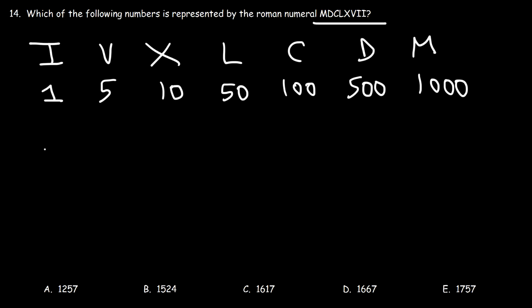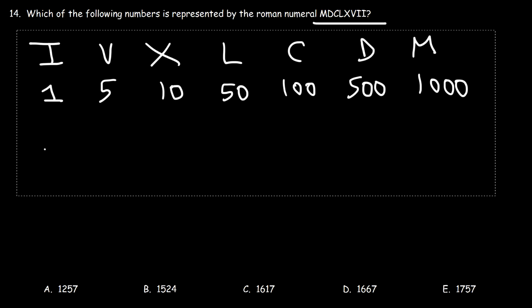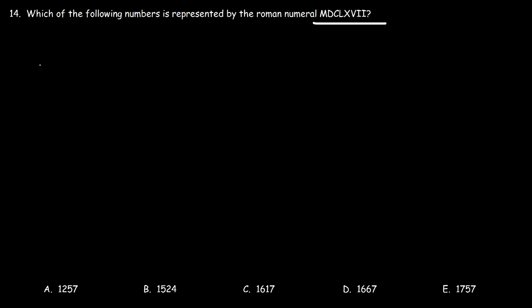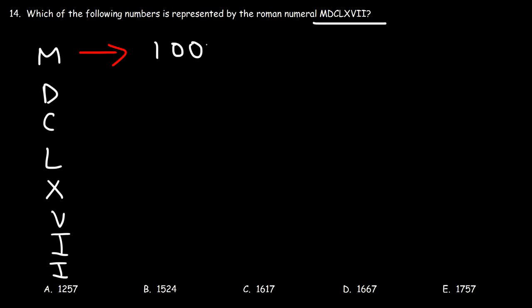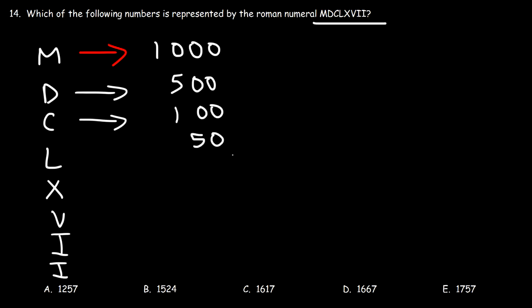So we have, let me get rid of this first. So we have the letters M, D, C, L, X, V, I, and I. So M corresponds to 1,000, D corresponds to 500, C is 100, and then L, that's 50, X is 10, V is 5, and then we have 2 ones.